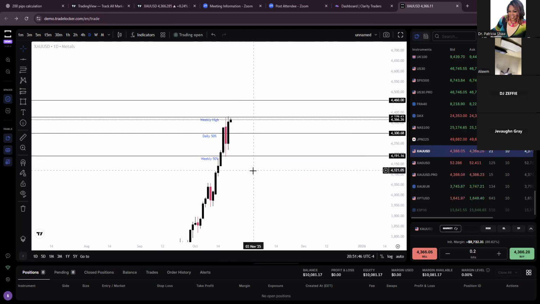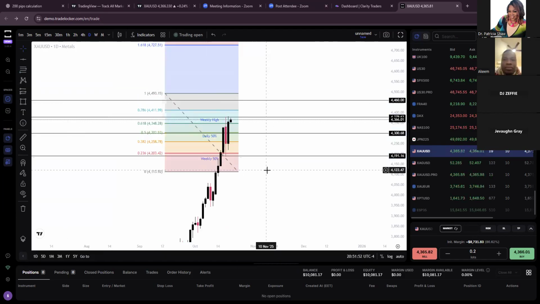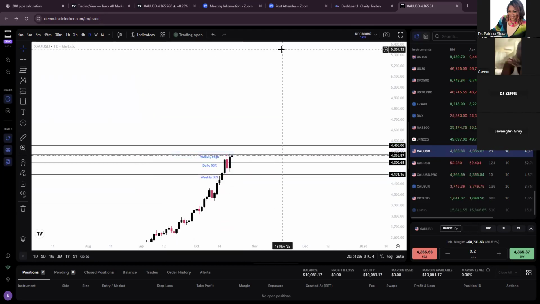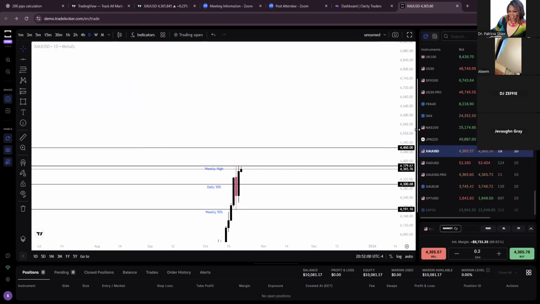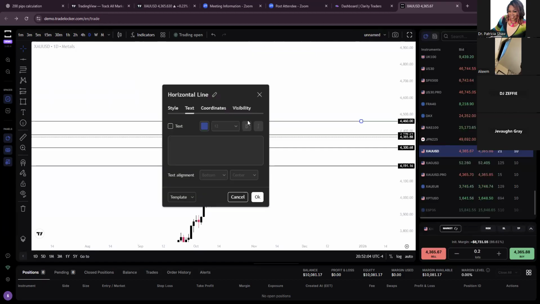And then 4460 is the next fib level on TradingView. I don't like the fib here on TradeLocker, so I had to go over to TradingView to do it. And this is the negative 27 on our fib, the 4 hour fib.